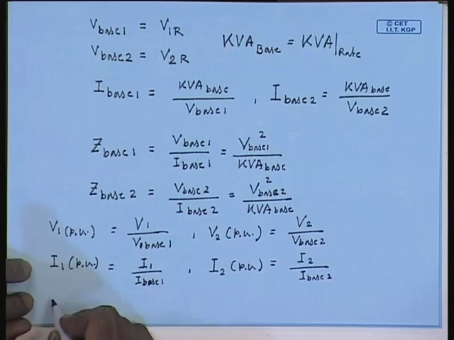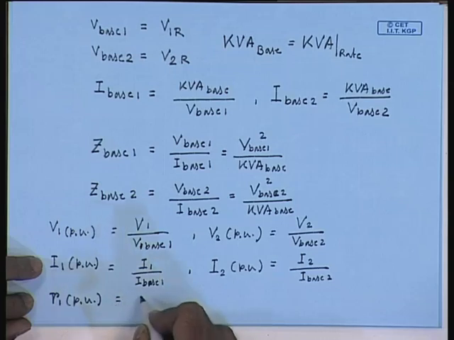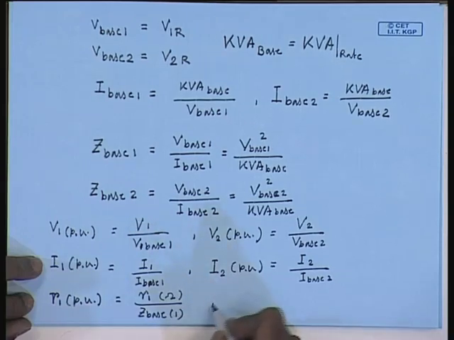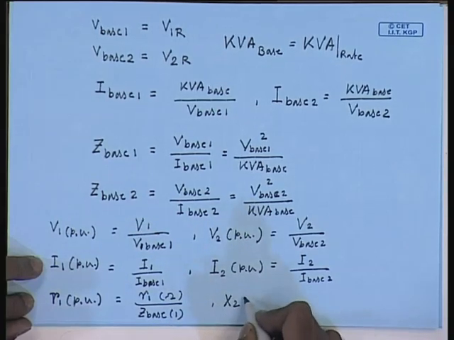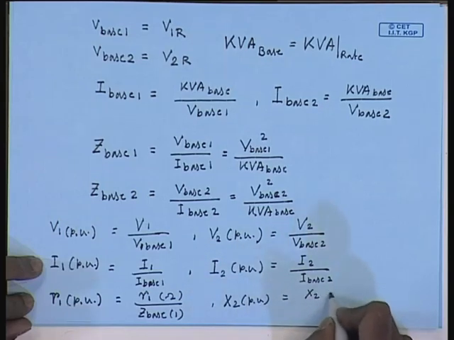For any impedance, let us say R1 in per unit will be equal to the actual value of R1 in ohms divided by Z base 1, and X2 in per unit will be the actual value of X2 in ohms divided by Z base 2.